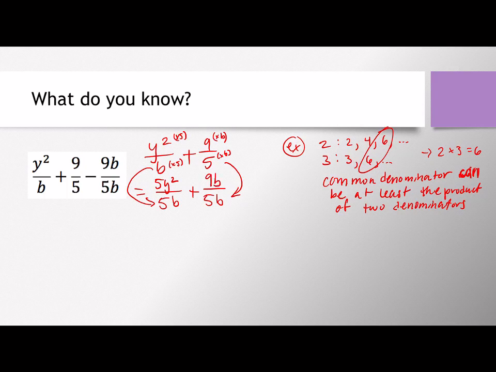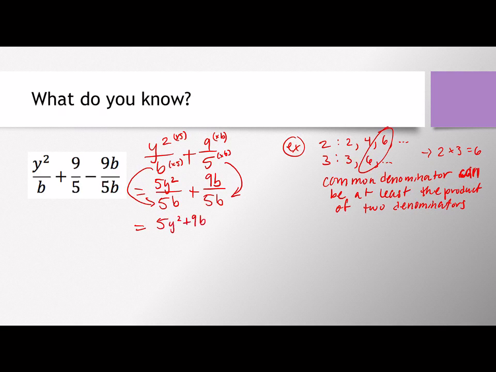Okay. And so what we have is 5y squared over 5b plus 9b over 5b. The algorithm for adding fractions dictates that the next step is to add the numerators and keep the denominator the same.